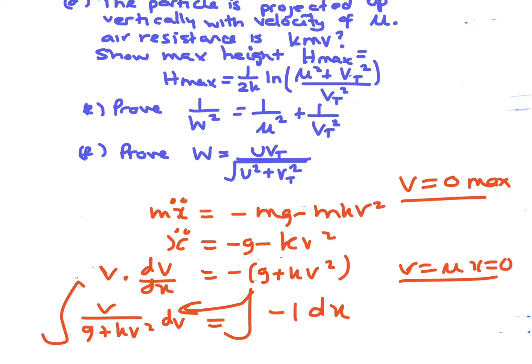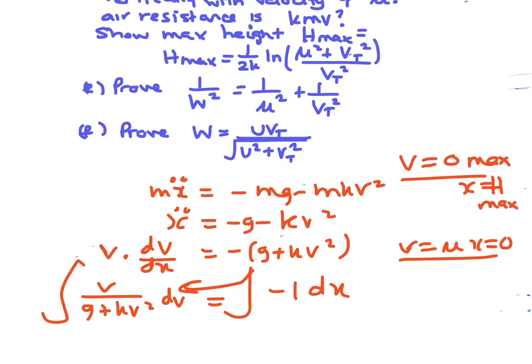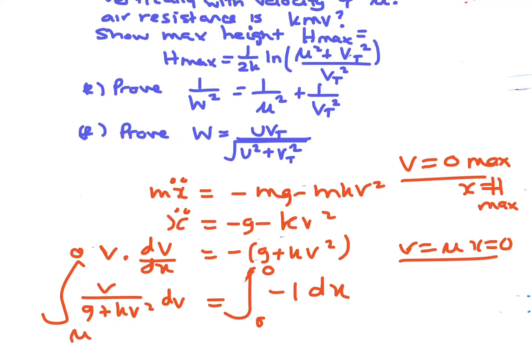It starts at x equals 0, and goes up to the height, the max. So we go from 0 to the height for x, and from u up to 0 for v.